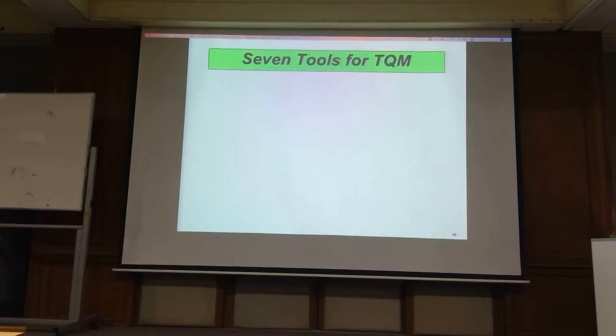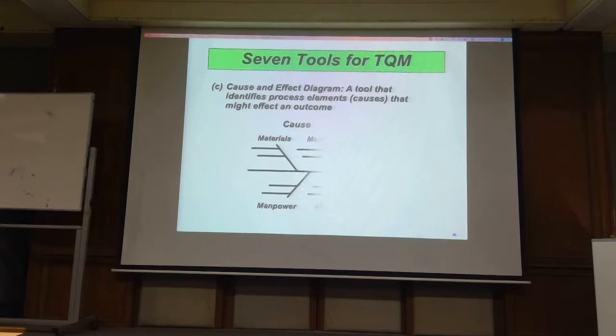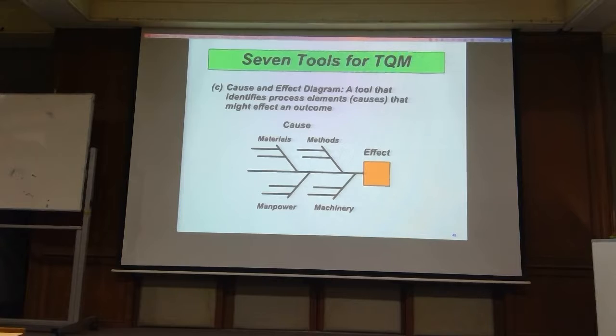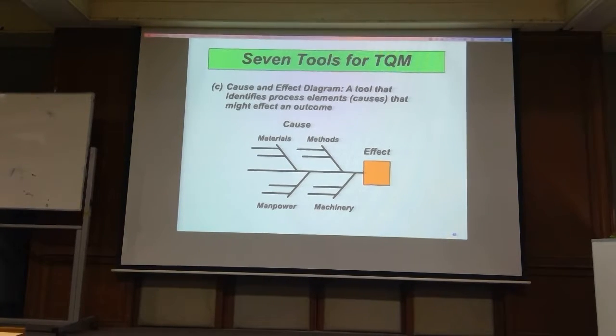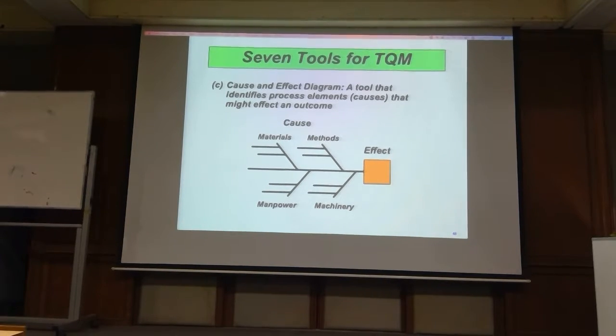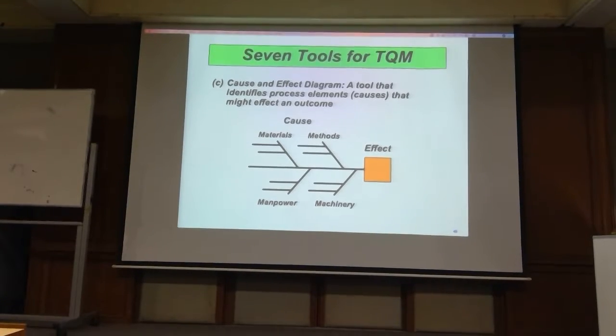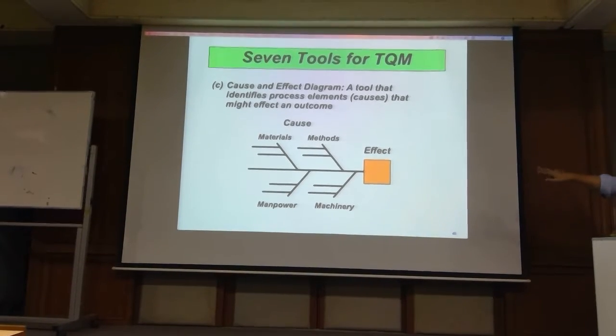And the third one, which is very popular and you probably know, is called the cause and effect diagram. Sometimes we call it the fishbone diagram. This diagram is quite useful for investigating the cause of a problem. Let's think about the head of the fish bone.